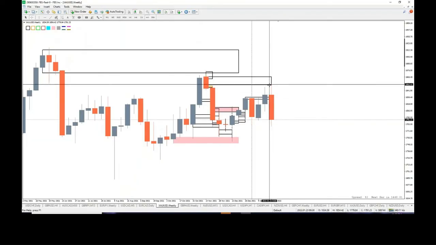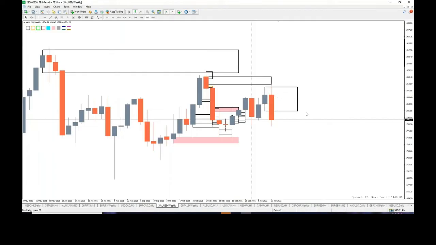So we have to know the market is making engulfing sell and where it comes from. We have to know it's from daily. So it might go back up if there's confirmation in this weekly zone.